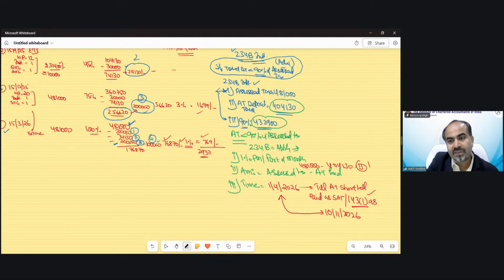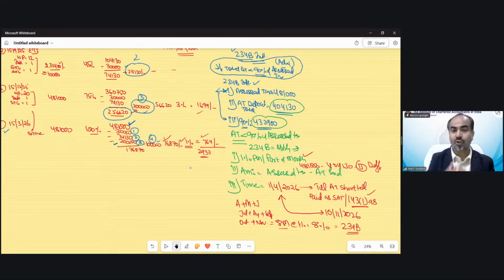On this difference, 1% per month would be applicable from April till November. So April, May, June, July, August, September, October, and November. 8 months interest needs to be charged at the rate of 1%. So that means 8% needs to be charged on the difference. That would be the 234B interest.